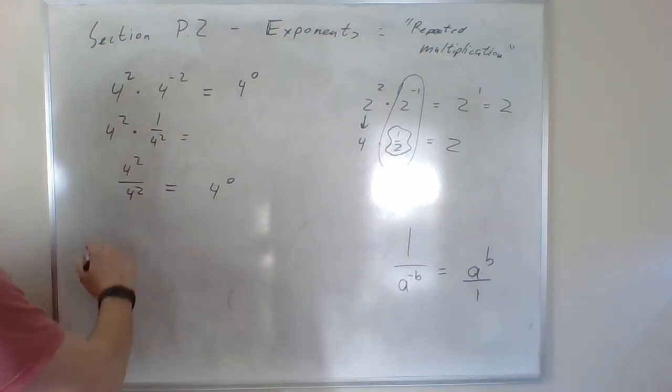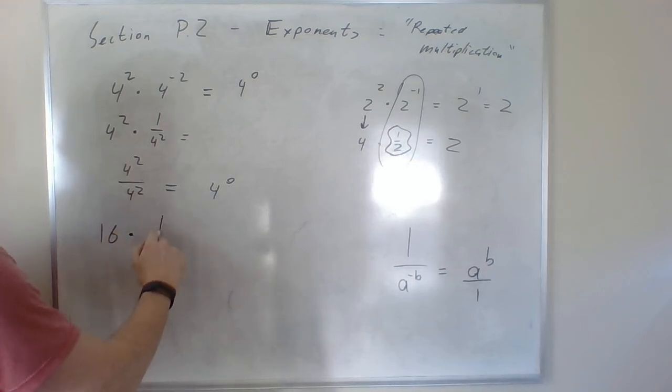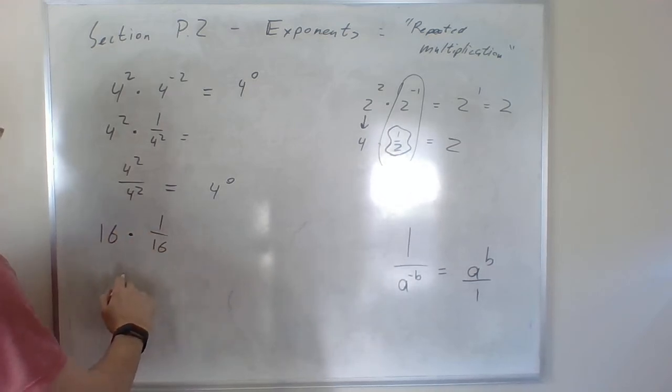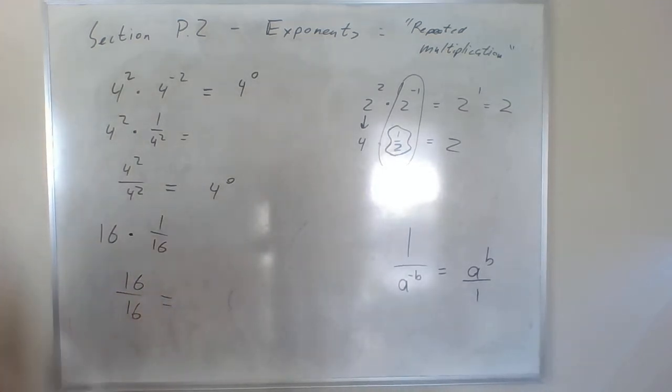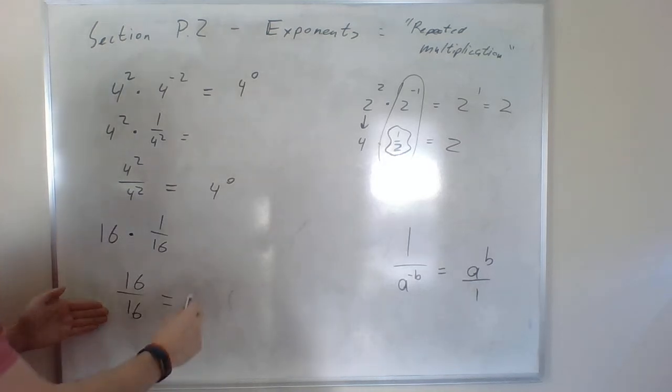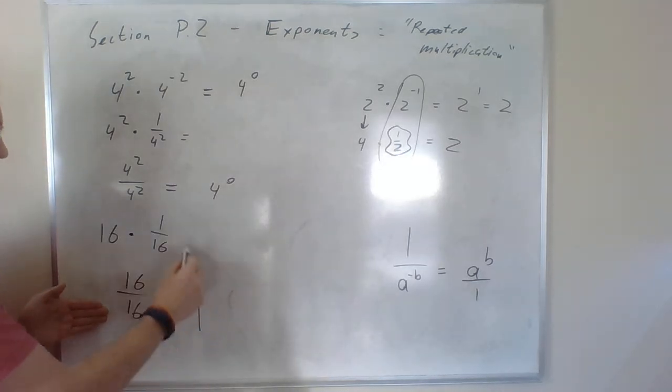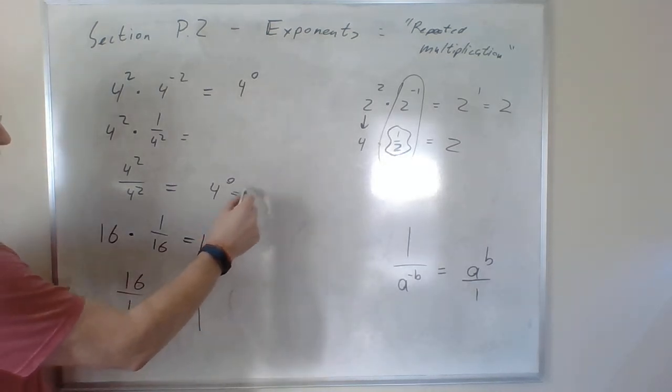Or we could just think about this in numbers. This is 16 times 1 over 16, or 16 over 16. And when we write it like this, I think it's pretty clear that you should get 1.